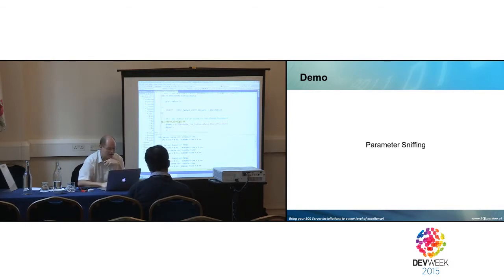A plan guide is a native database object, and with a plan guide, you are able to attach a query hint to a specific statement. Every plan guide has a name, is for a specific statement, for example in a specific stored procedure. It also works with just statements that you are submitting. And in that case, you can provide a query hint.